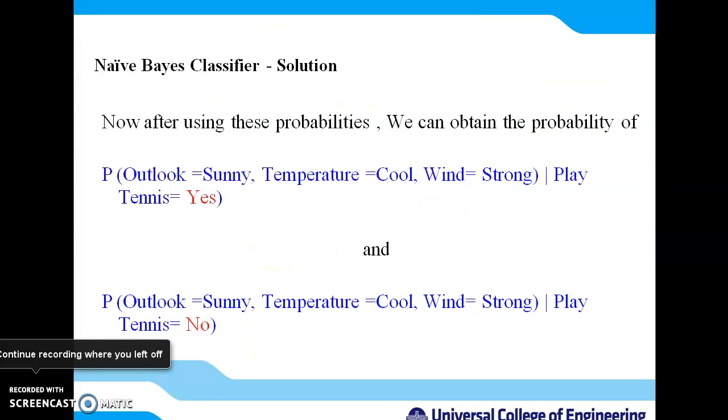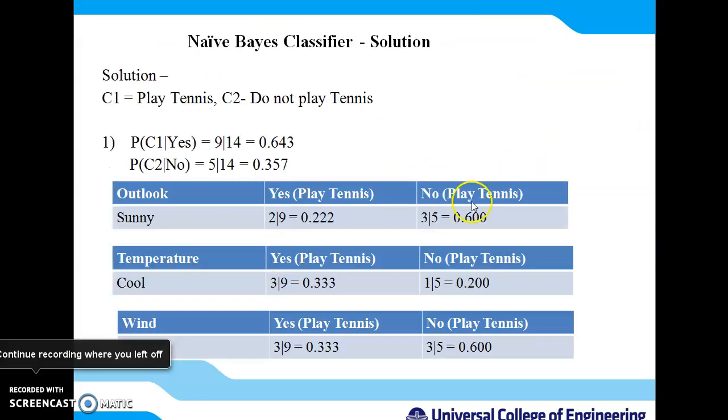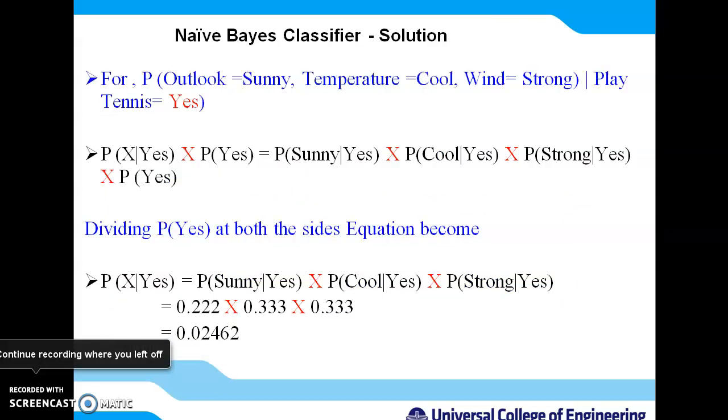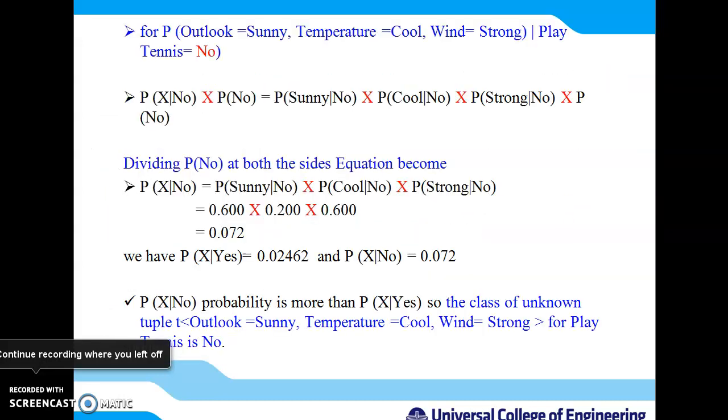We have already computed them in our previous table, so just refer to them: 3 by 5 times 1 by 5 times 3 by 5, that is 0.600, 0.200, 0.600. Multiplying these values together, we get the answer 0.072.